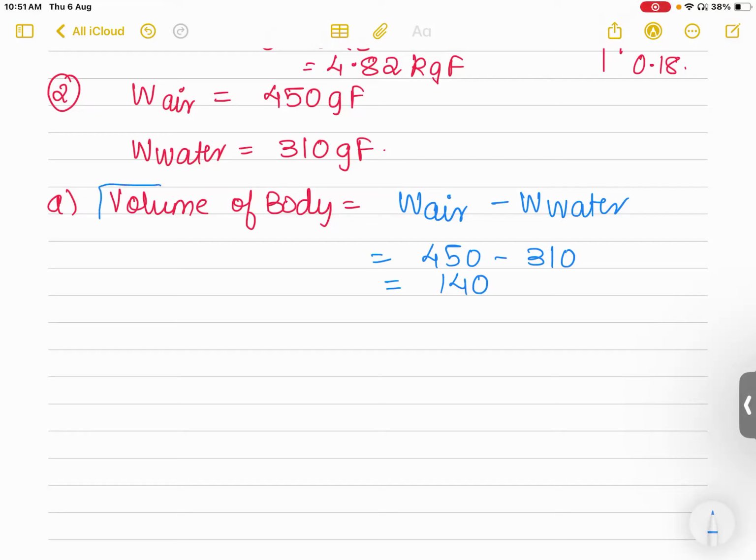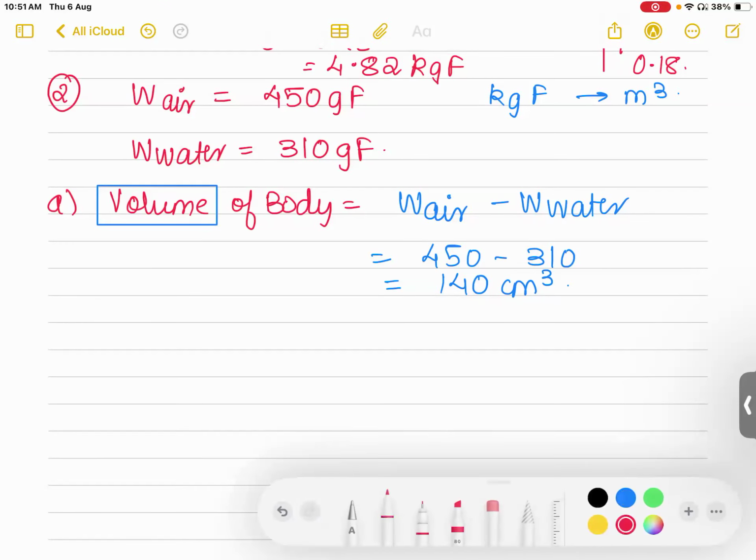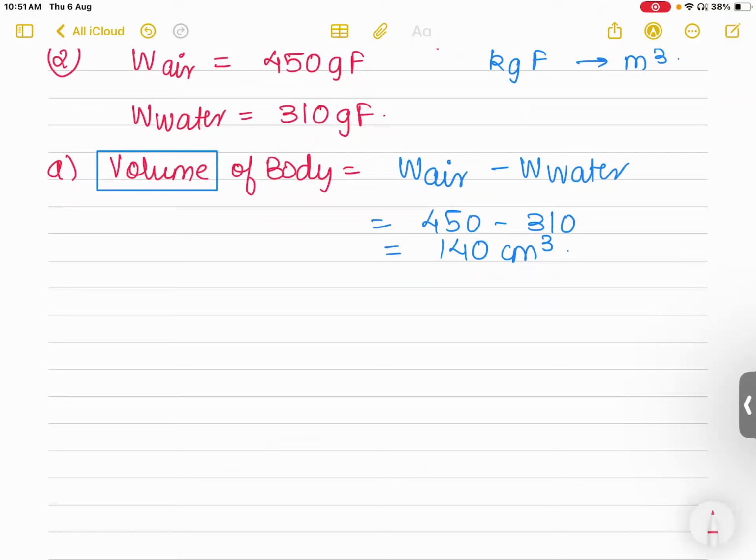But since I am talking about volume, volume is never measured in gf or kgf. Since it is the volume of a body, which is a solid, I will write it as centimeter cube. If this was given to me in kgf, then I would have written my volume in meter cube. I hope we are able to understand the logic and the scenario which I am trying to explain.